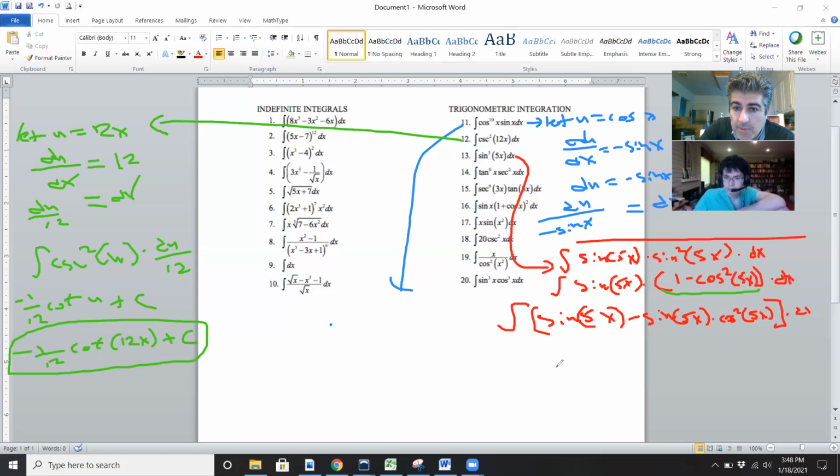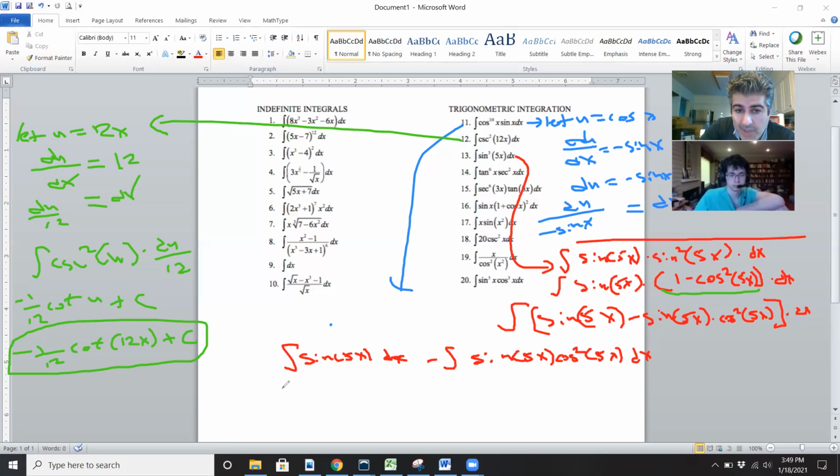I'm now going to break this up into 2 integrals: sine 5x dx and sine 5x cosine squared 5x dx. Okay. Now you integrate.